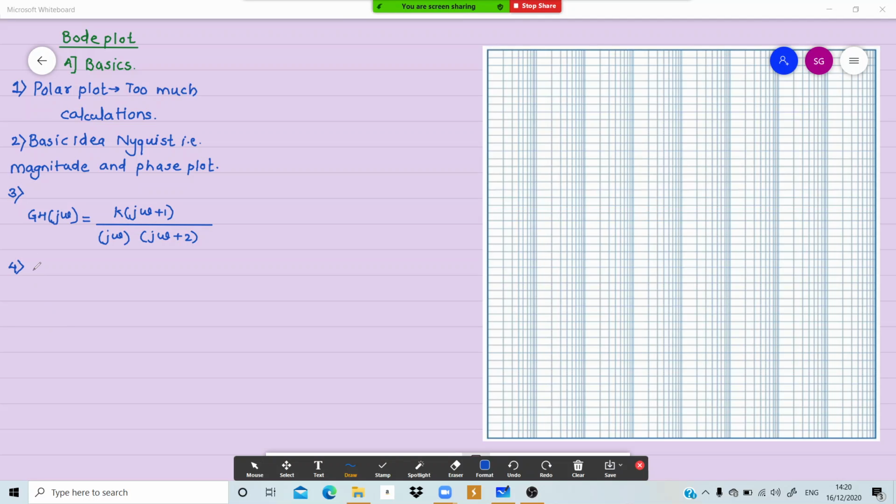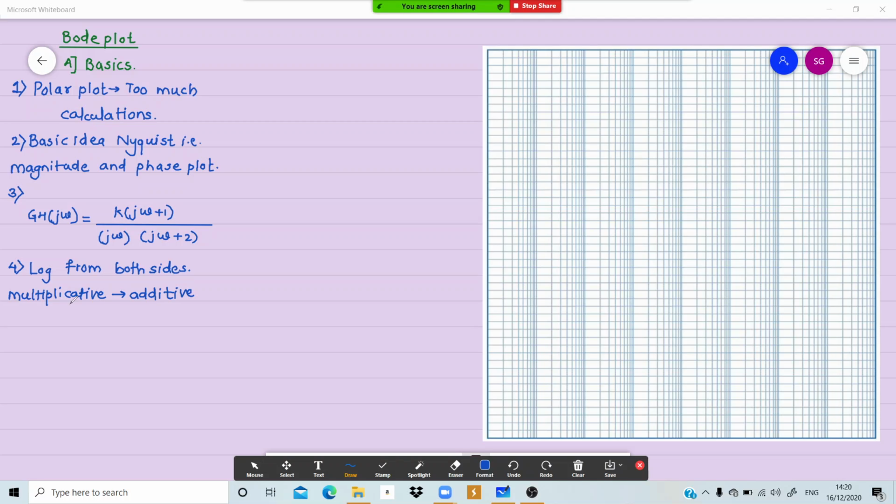Now Bode took log from both the sides. And because of that, you will find that these multiplicative terms become additive terms, and as soon as it becomes addition, it becomes easy.